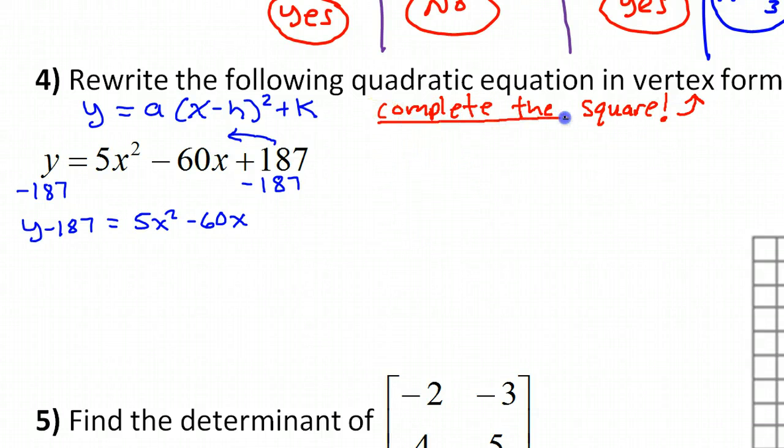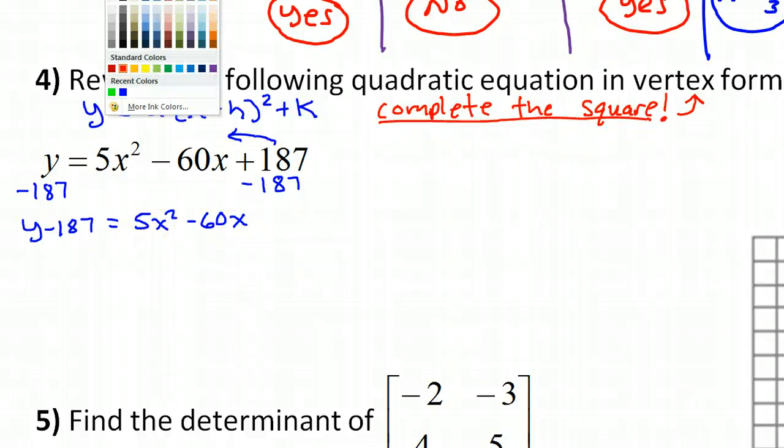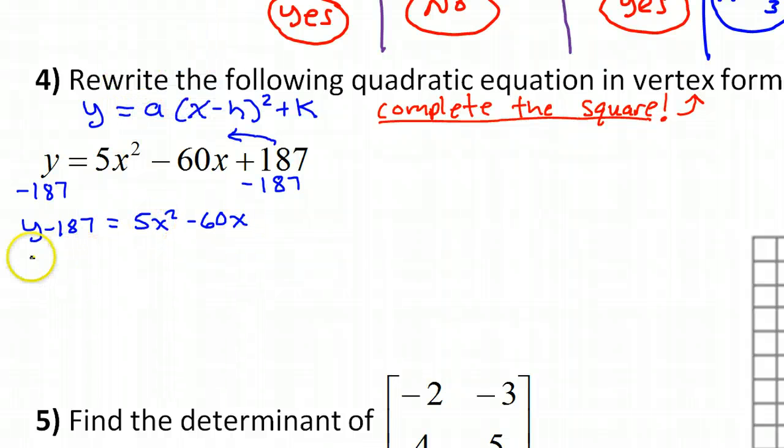So do not make the mistake of doing half the middle squared right now. That's a common mistake. You can't do that while there's still a leading coefficient sitting here. So the way we deal with that is we factor out the leading coefficient. So I'm going to keep this y minus 187, but I'm going to factor out this 5. That will leave behind x squared.